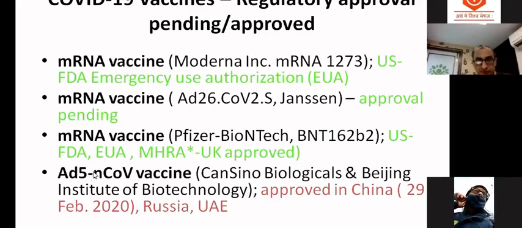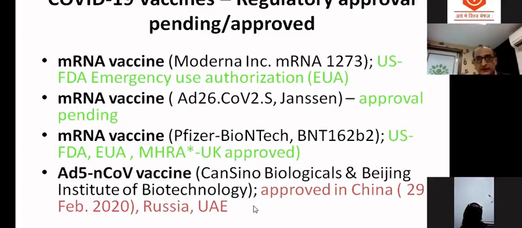And then this is the first adenovirus vector vaccine. This is different from the messenger RNA vaccine. It uses adenovirus as a vector for the development of the vaccines. CanSino Biologicals and the Beijing Institute of Technology used this vaccine technology in China.